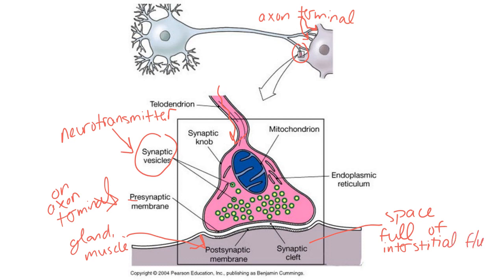And remember, all of our cells need to be bathed in a fluid. So that synaptic cleft is full of interstitial fluid, and that's going to be kind of the basis of our synapse. So the message, the stimulus, is going to come down that axon and release the neurotransmitters. The neurotransmitters will come across to the postsynaptic membrane, and then they'll hopefully trigger an effect in the effector organ.